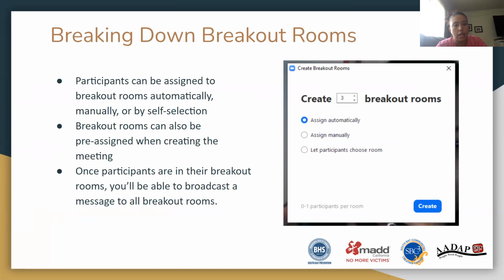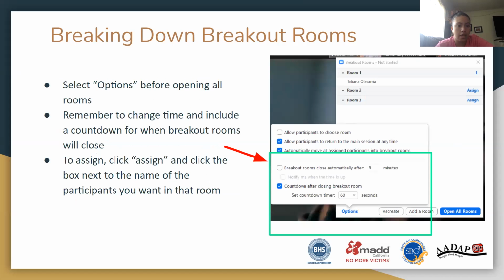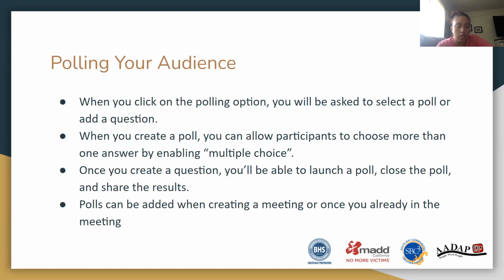So we showed you guys how to do the breakout rooms. You can assign, you can have Zoom assign or split them up. You can do it yourself, or you can let the participants on your Zoom choose. So that was one of the things. And then it goes deeper into it.